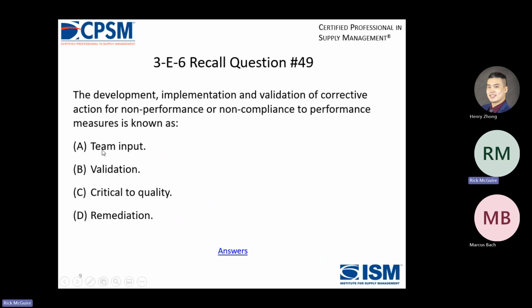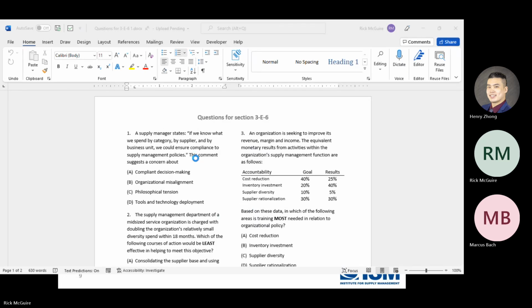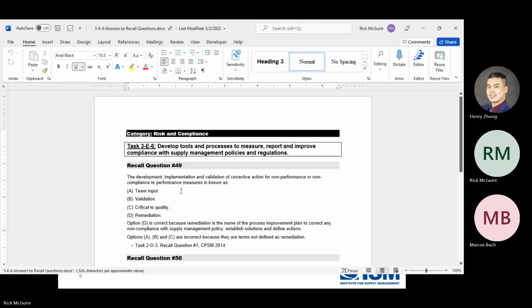It's not team input, and it's not critical to quality. So I think what they're driving at is remediation. D, it is. The name of the process improvement plan to correct any non-compliance. Validation, on the other hand, is checking to see that you meet standards.